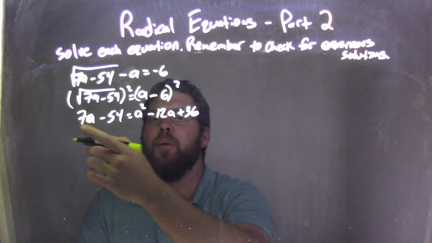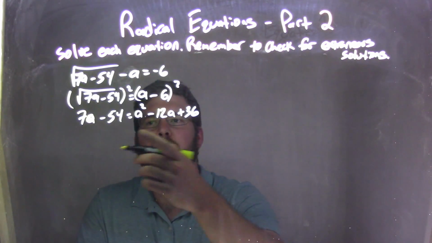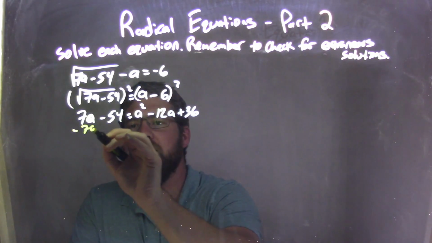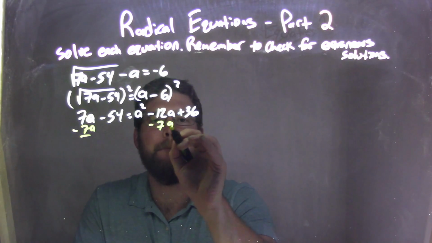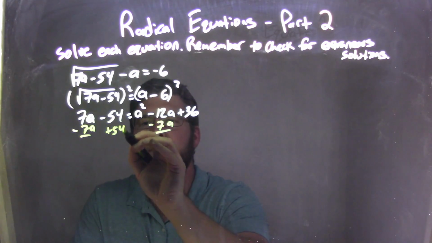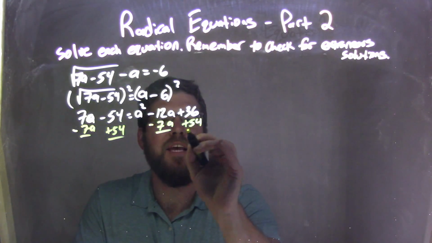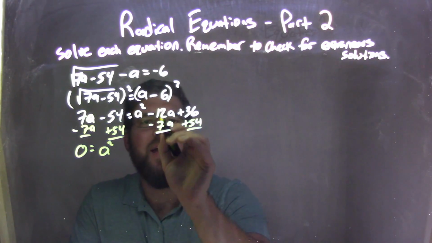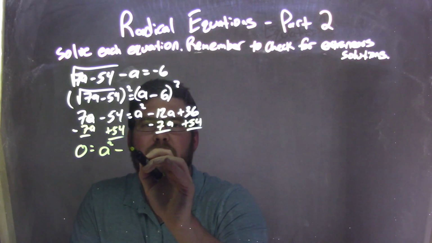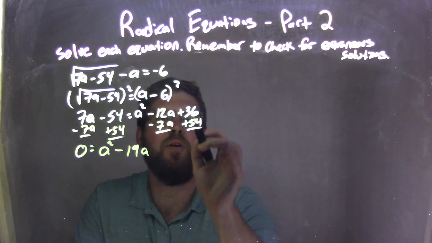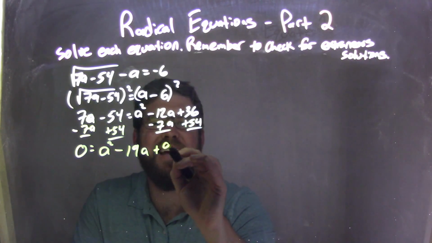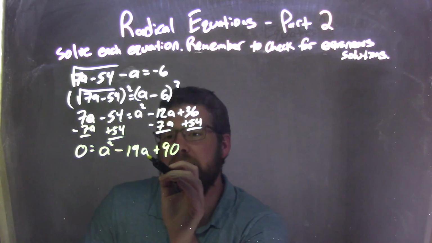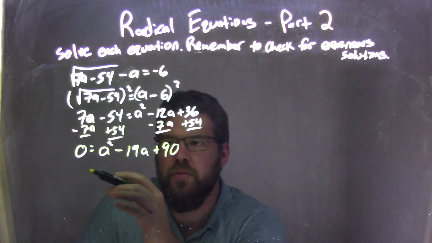Now to bring everything over, I'm going to subtract 7a from both sides and add 54. Leaving me with 0 equals a squared, negative 12a minus 7a is negative 19a, and 36 plus 54 is 90. So I have a squared minus 19a plus 90 equals 0.